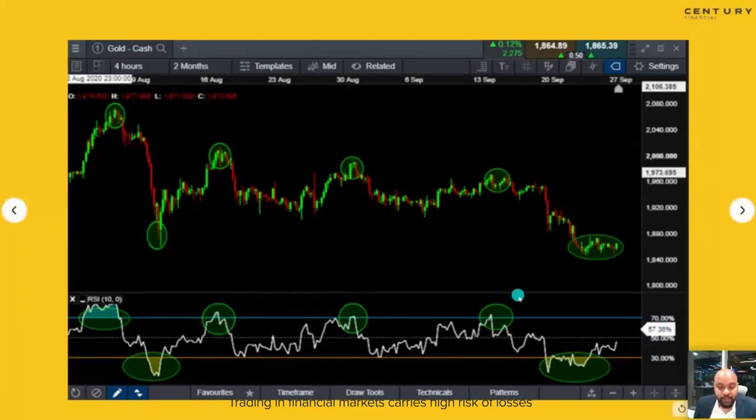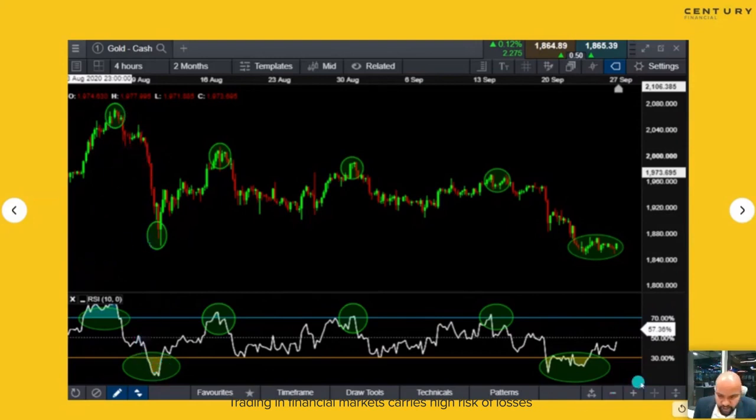So if you look at the first circle that I see over here, look at this peak, and RSI is indicating it is above 70 and in the overbought region. So you could get ready to see the market dropping from these levels, and vice versa.